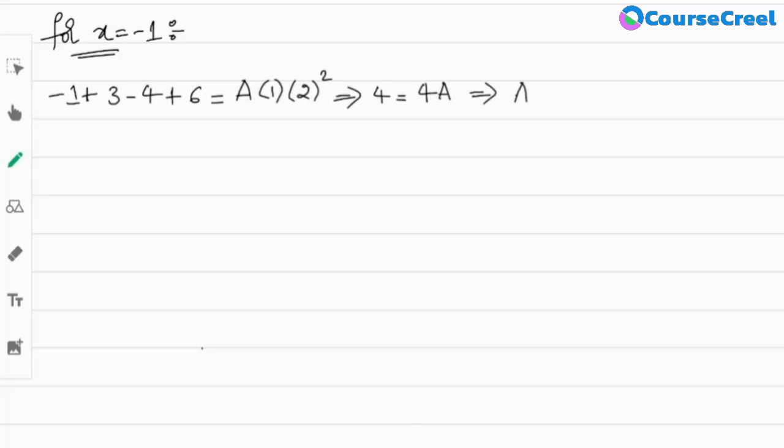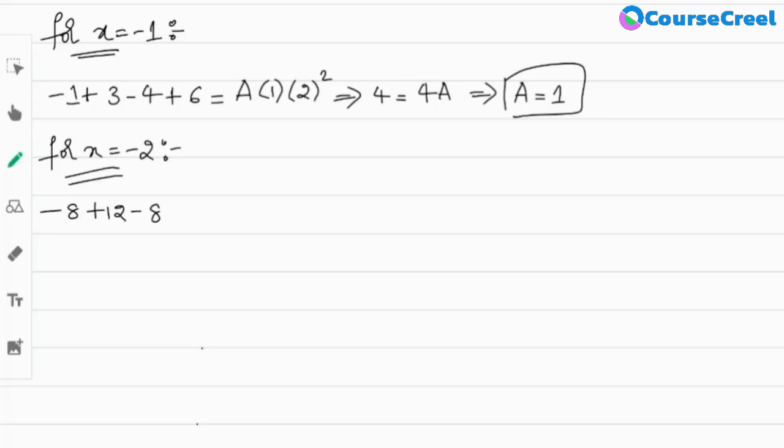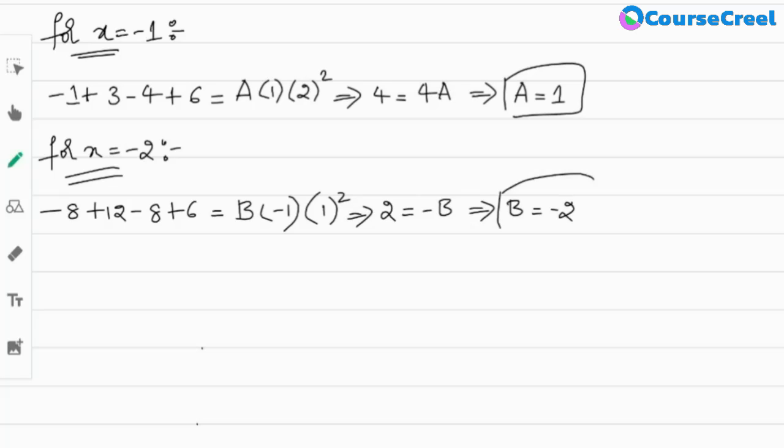This implies A is equal to 1. And substitute the next root, that is x equals minus 2. So minus 8 plus 12 minus 8 plus 6 is equal to B into minus 1 into 1². This implies 2 is equal to minus B. This implies B is equal to minus 2.